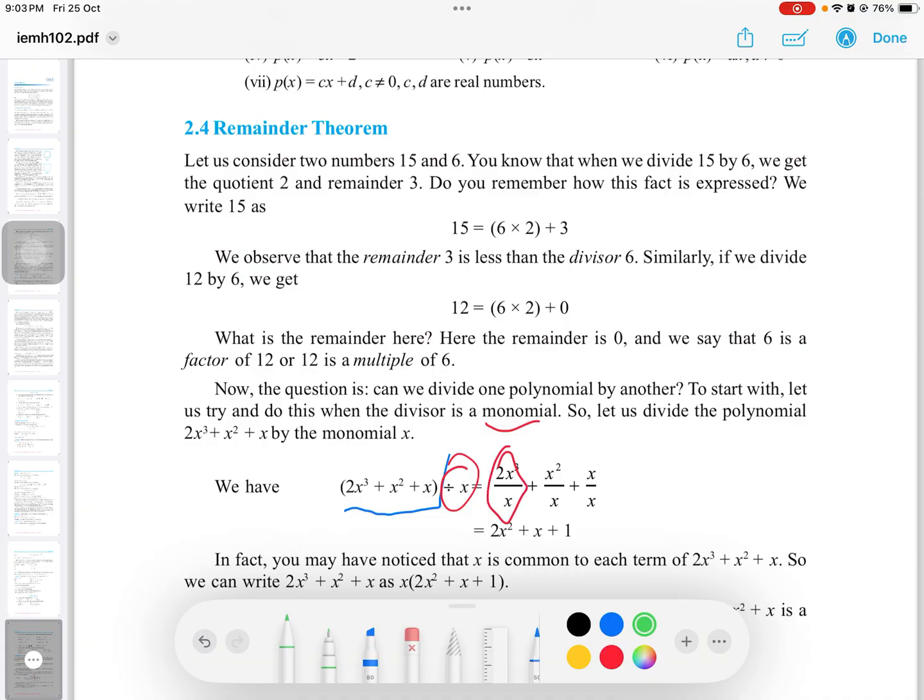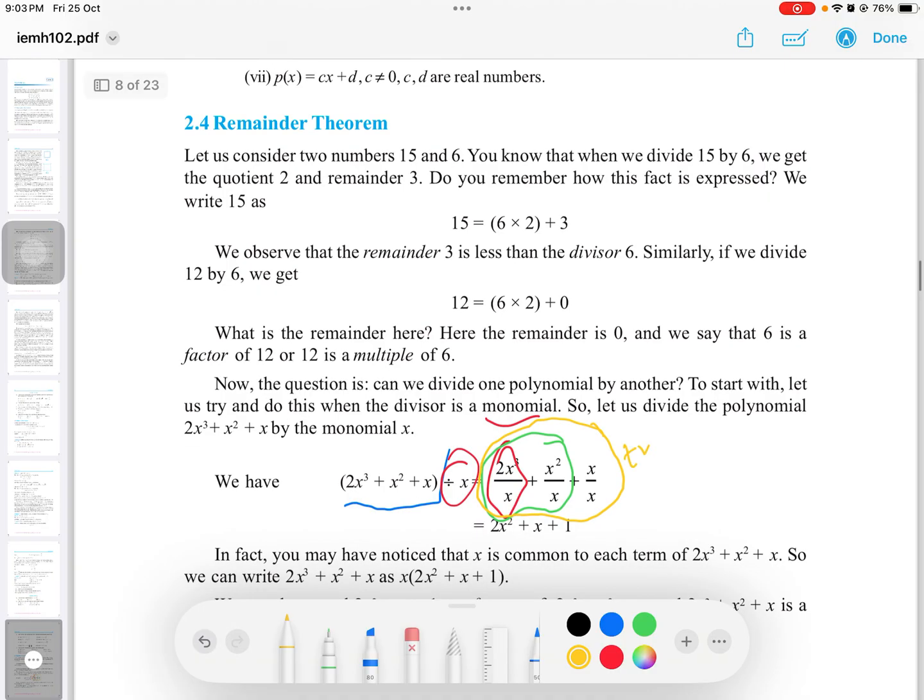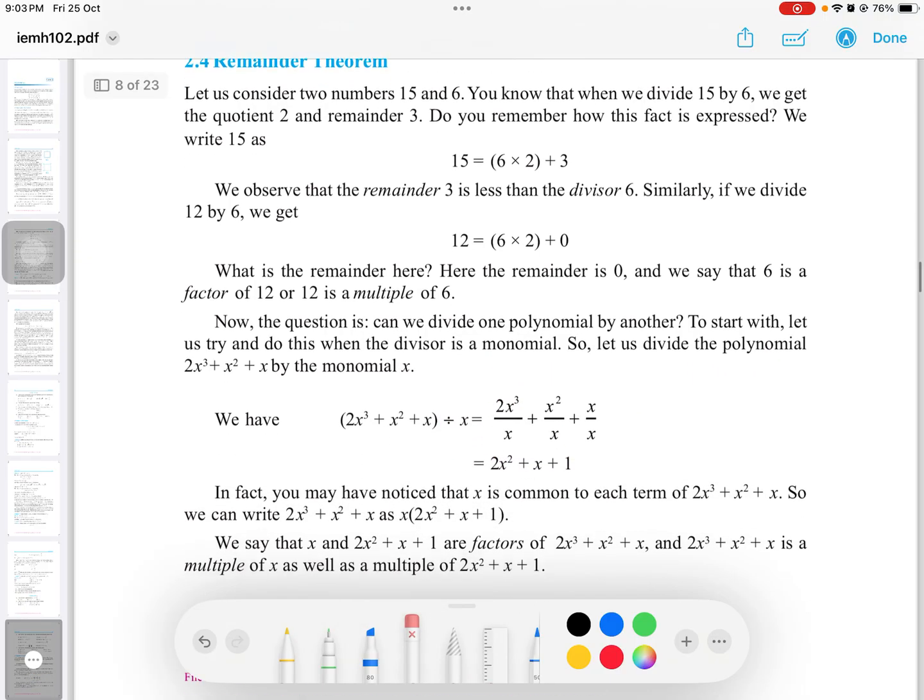If there are two terms, it's a binomial. And what would you call an expression with three terms? A trinomial. It's just extra detail for your brain.